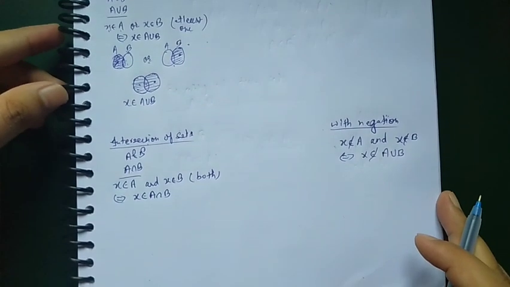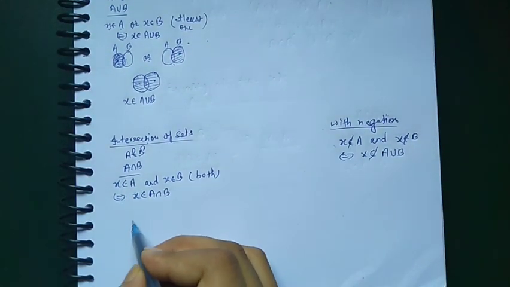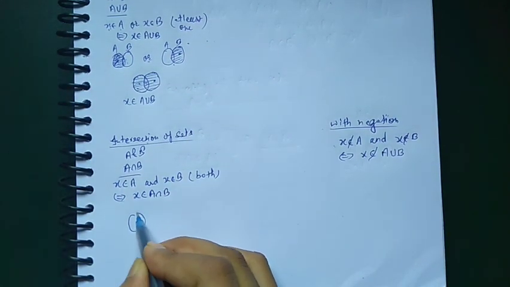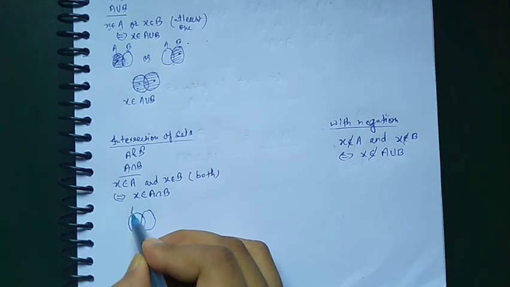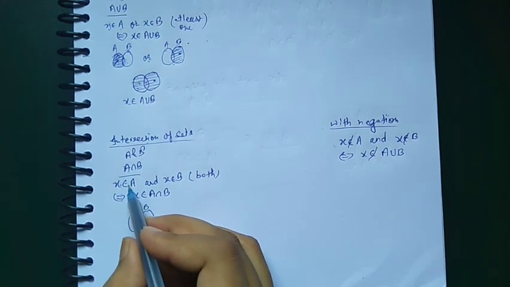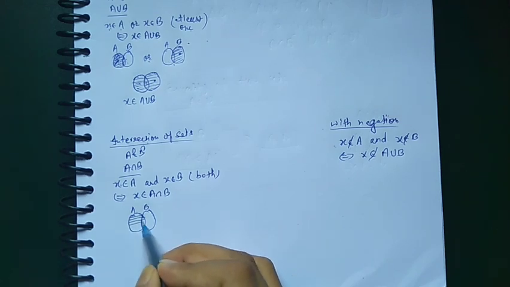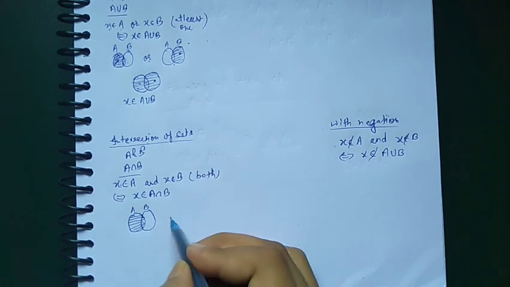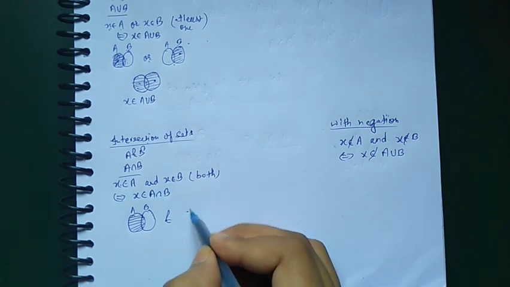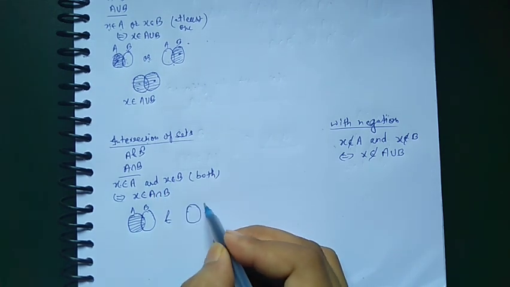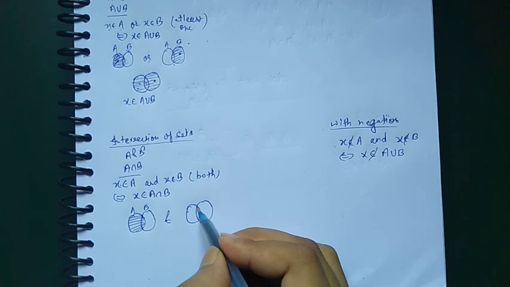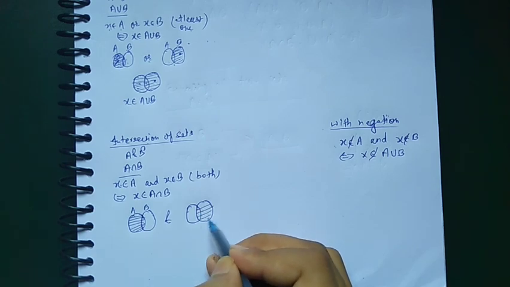Now for the intersection, similarly we take A union B as universal set. X belongs to A can be represented by this shaded region, and X belongs to B can be represented by this shaded region.